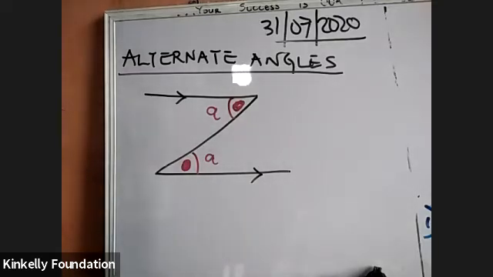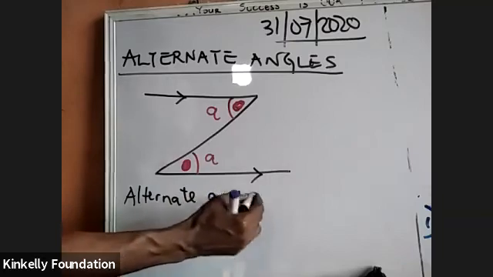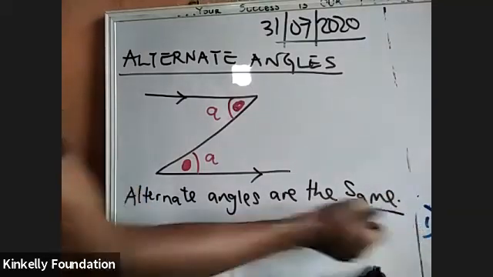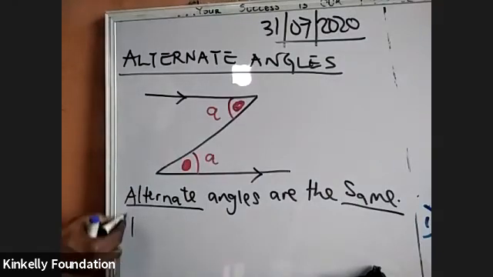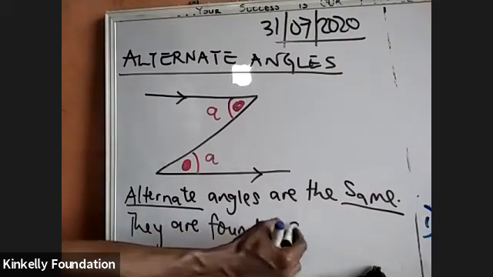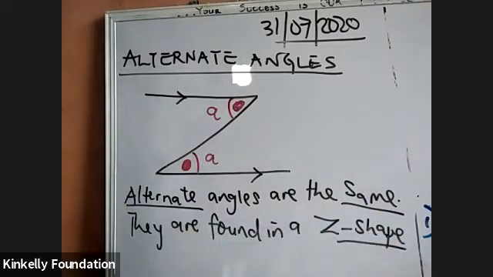Alternate angles are the same. They are found in the shape of a Z. Any Z-shaped angle is called an alternate angle.